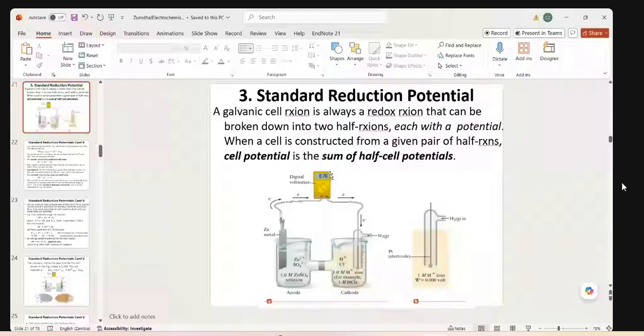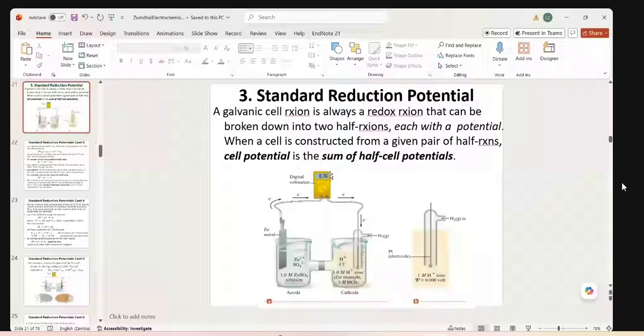No. So it means when you construct a galvanic cell using zinc and hydrogen, the amount of energy, or the voltage, or the amount of electricity that you get will be equal to 0.76 volts. So this cell will give you 0.76 volts.